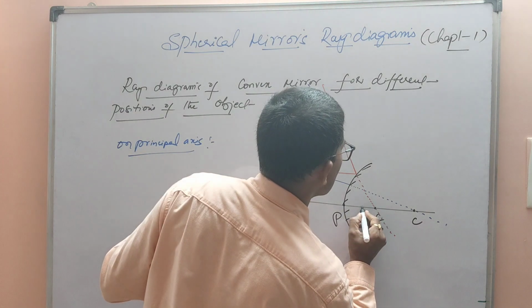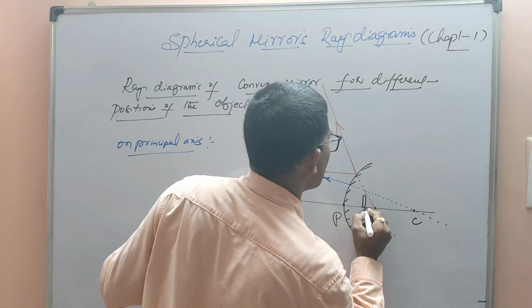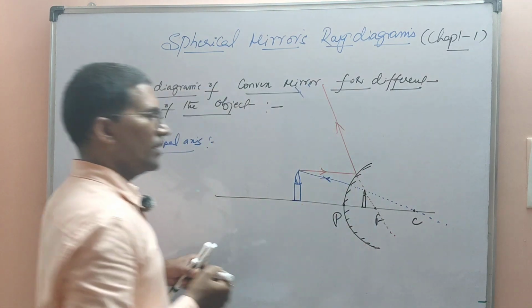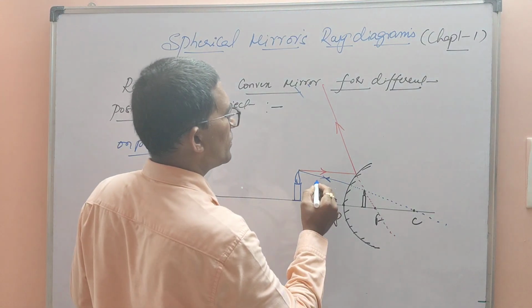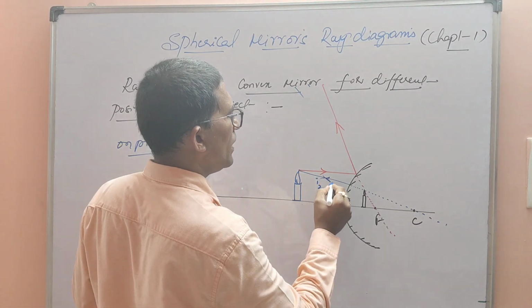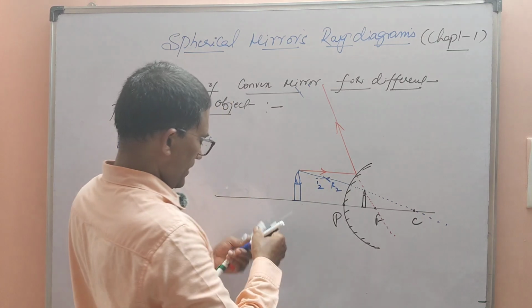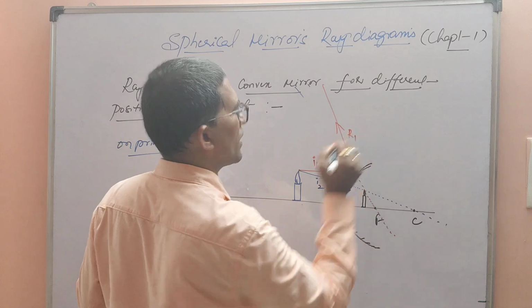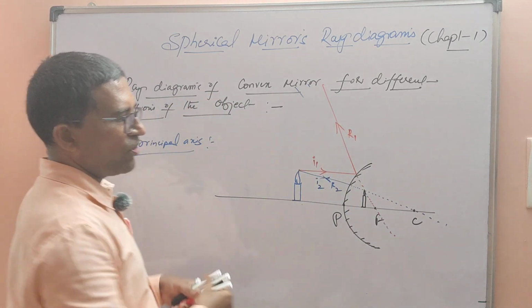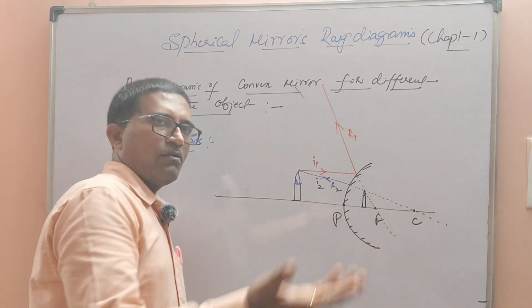I hope you understood this. It is formed always between P and F. This is I2 and this is R2, and this is I1 and this is R1. So where is the image formed? Between P and F only.